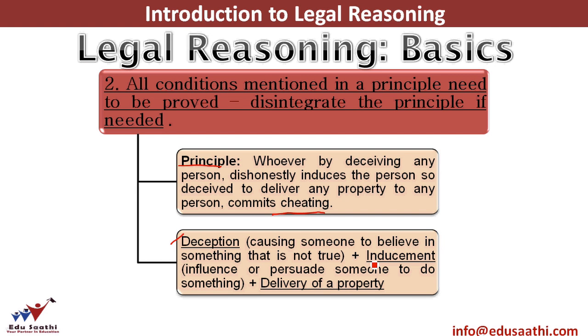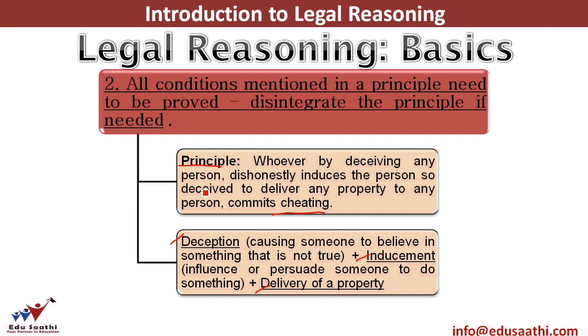The next ingredient is inducement, to influence or persuade someone to do something, in this case to deliver property, which is the third ingredient. If a person by deception induces another person to deliver certain property by making that person believe what is not true, that would be the offense of cheating.